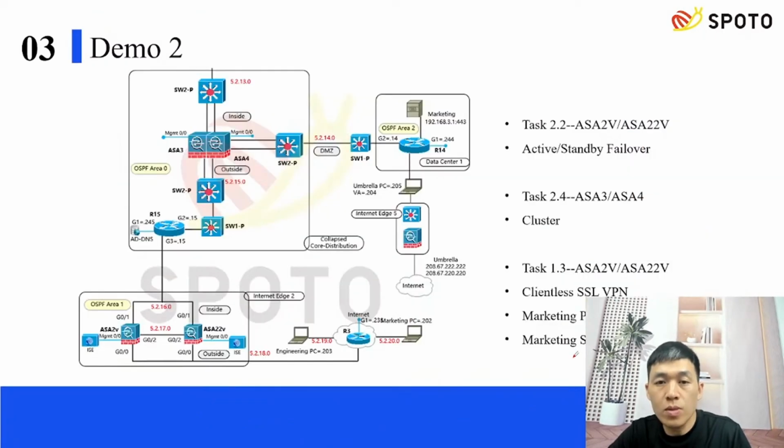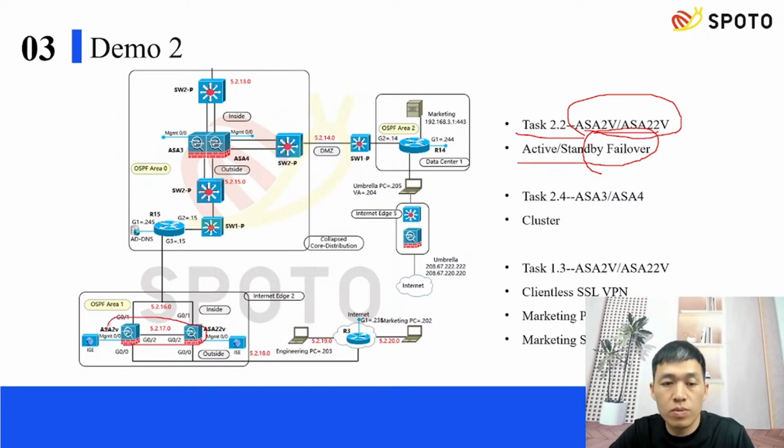Alright. And now let's look at demo 2. Same as demo 1, task 2.2 is about active standby failover, and you are going to configure these two devices here, active and standby failover.